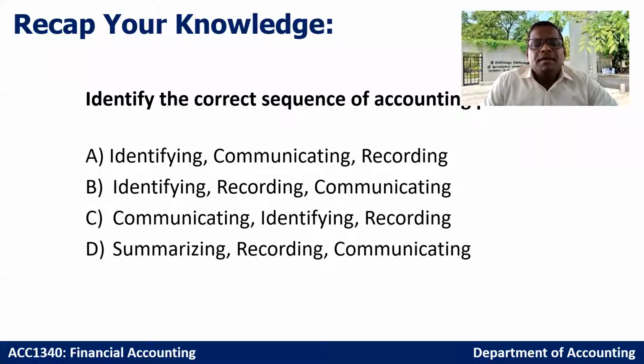But you may think in a different way also. Certain people may say in accounting we summarize, record and communicate. But in basic financial accounting, we identify the transaction, then we record and we communicate in terms of reports. That's the answer.